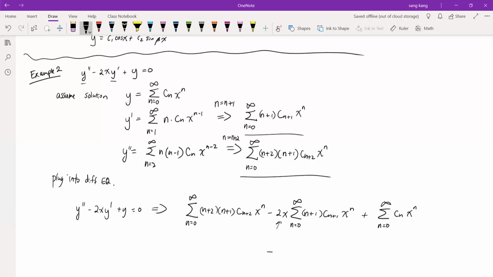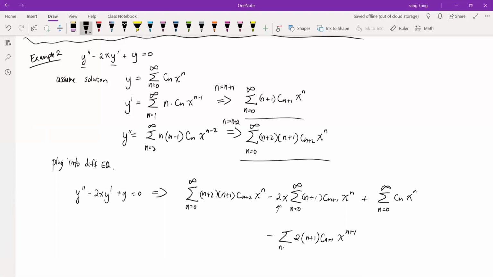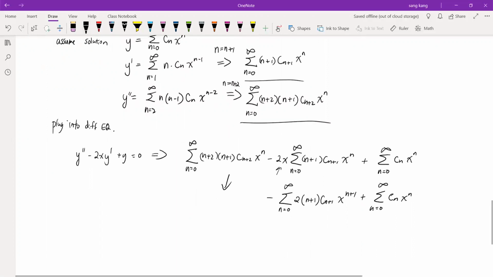We would have minus 2 times n plus 1, c to the n plus 1, x to the n plus 1, right? So even though we had everything in terms of x to the n, now that kind of messed everything up. So we'll have to rewrite this.